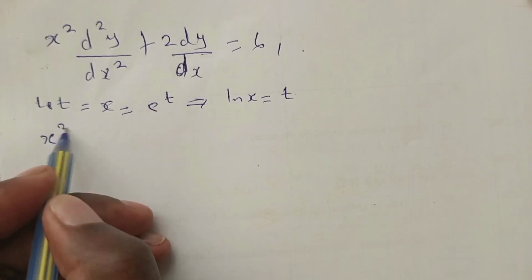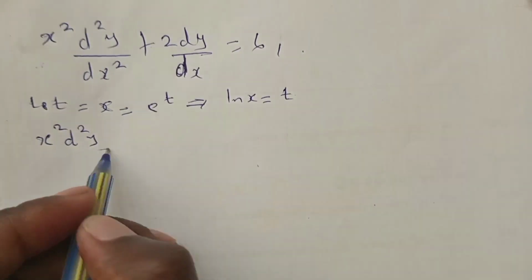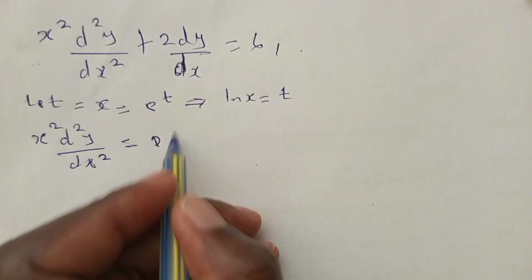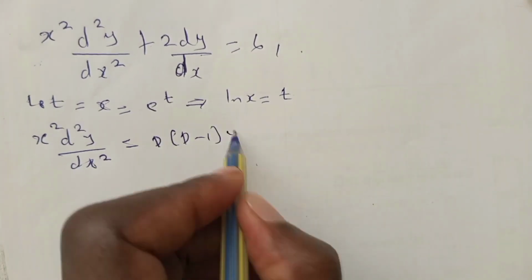And also we are going to let x squared d squared y over dx squared be equal to D into bracket D minus 1 y.